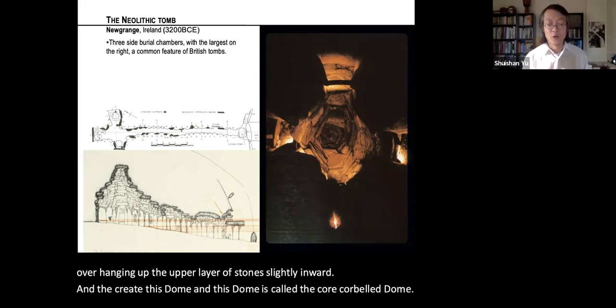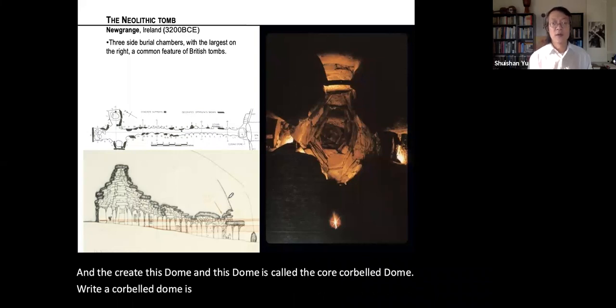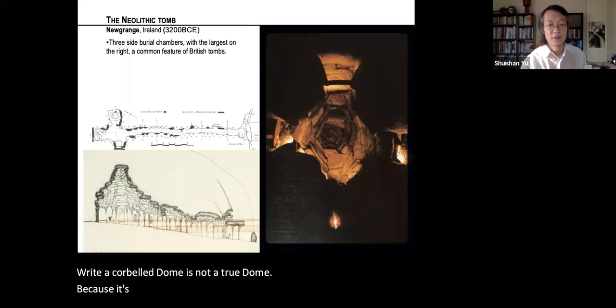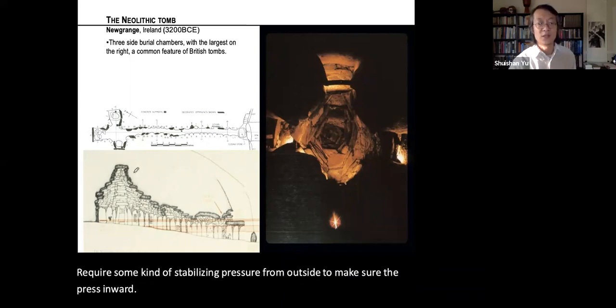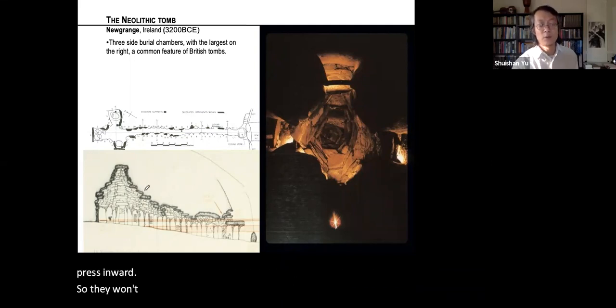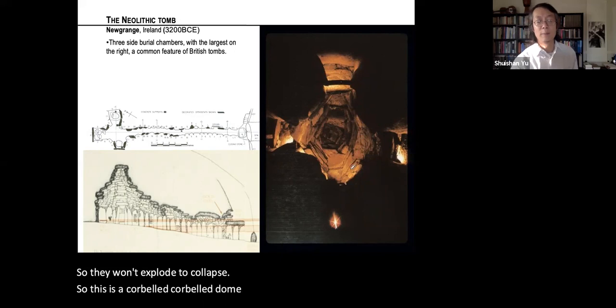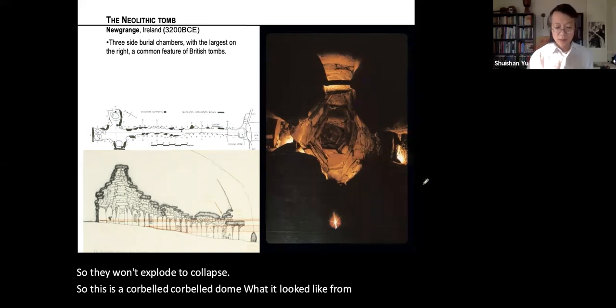A corbelled dome is not a true dome because it's just cantilevered. So this kind of corbelled dome requires some stabilizing pressure from outside to make sure they press inward so they won't collapse. So this is the corbelled dome, what it looked like from below.